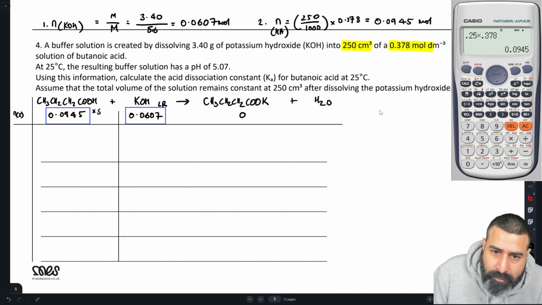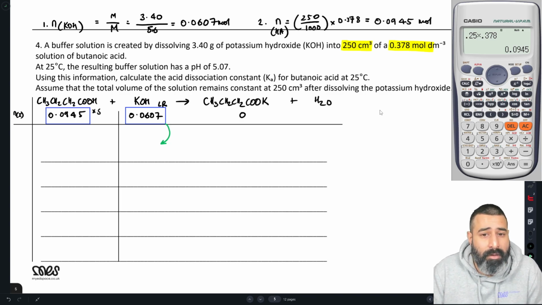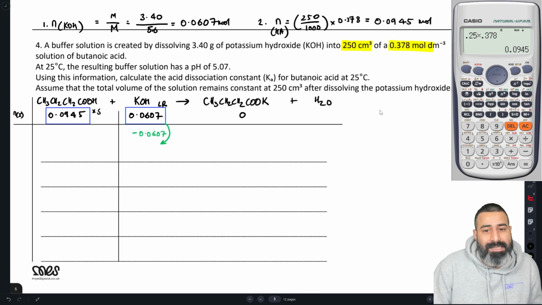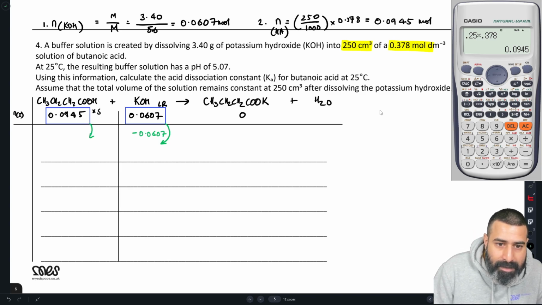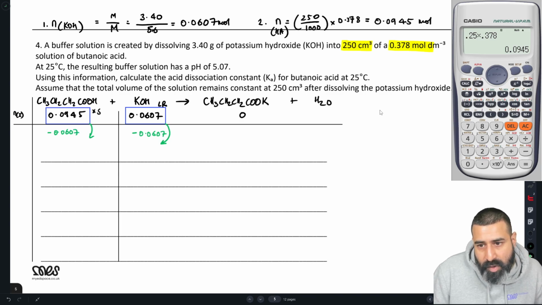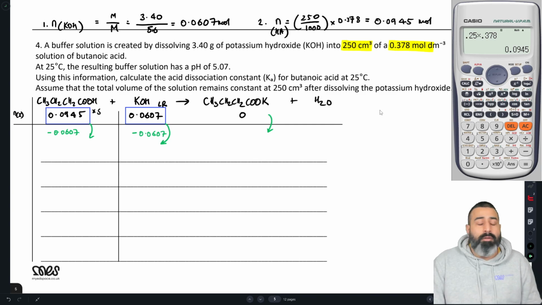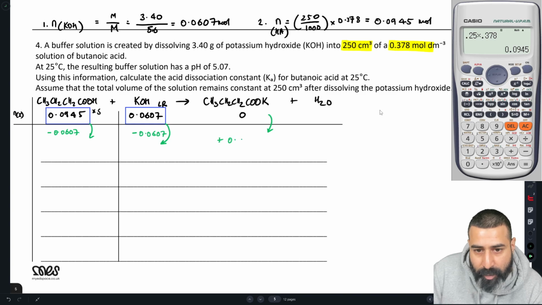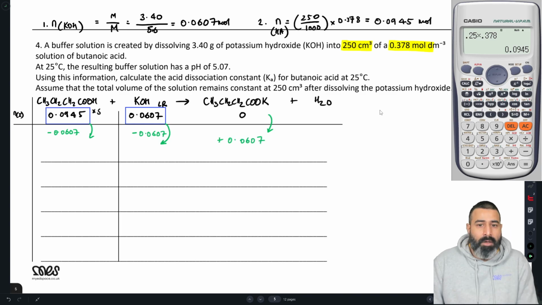Well, the limiting reactant determines how much of the reactants react and how much product is made. So this is going to go down by 0.0607, and this is going to go down by the same amount. Consequently, my conjugate base, my salt of the acid, is going to go up by 0.0607.